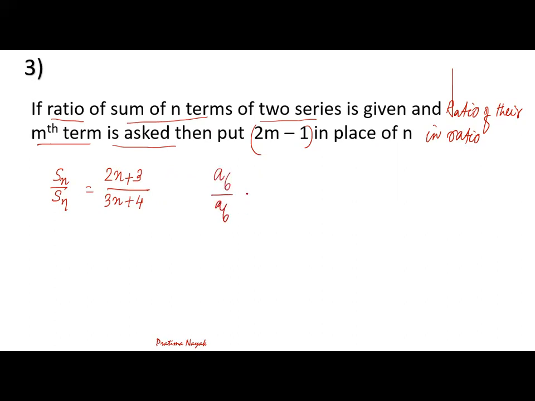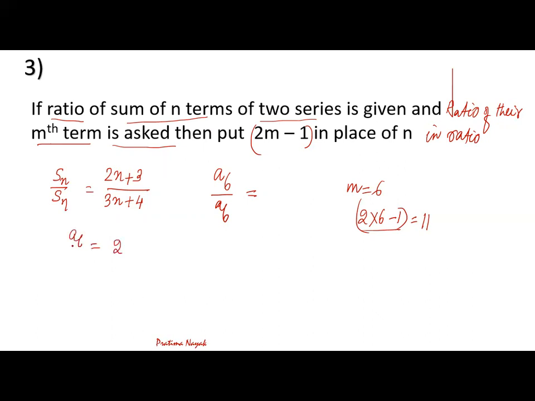What will be the answer? Here m is 6. Then in place of n, you will put 2 times 6 minus 1, which is 11. So you will put 11 in place of n. So what will be the answer?